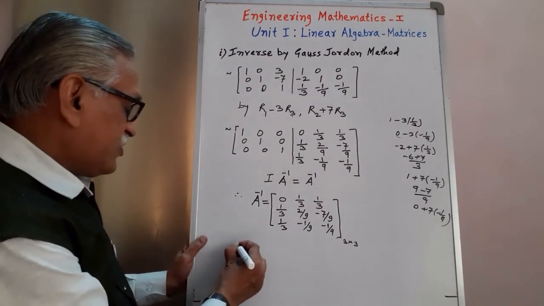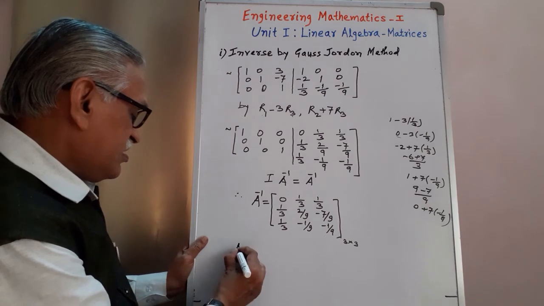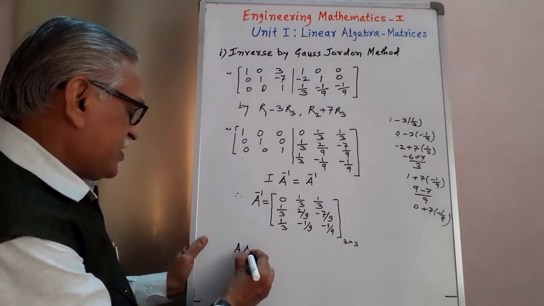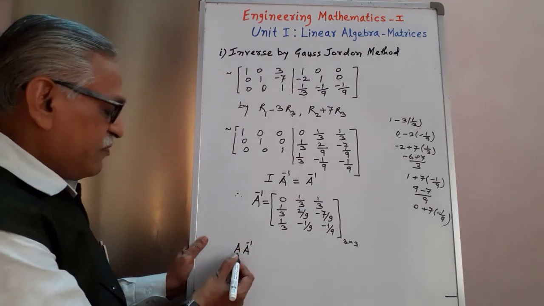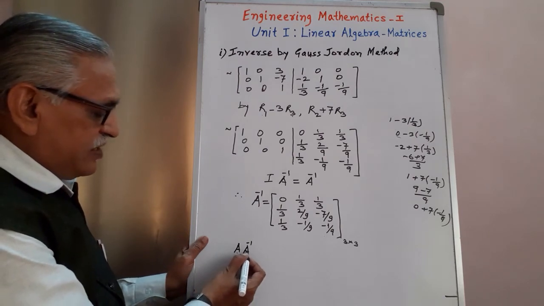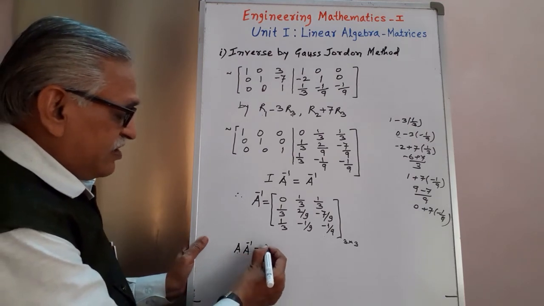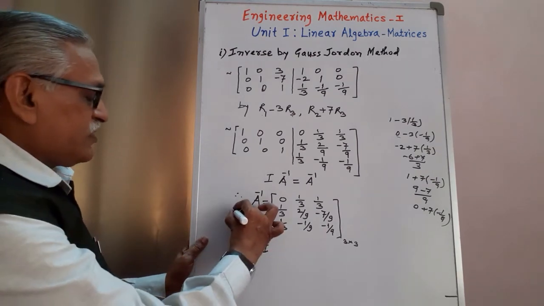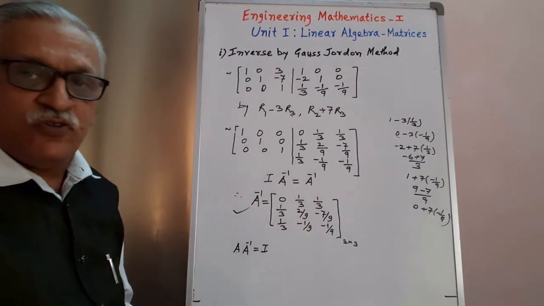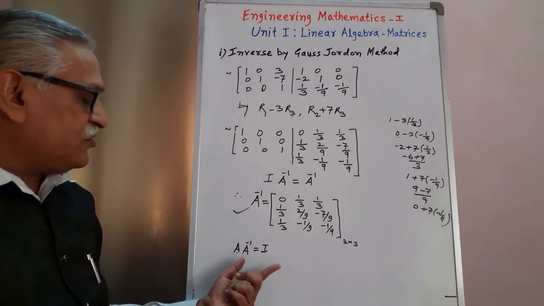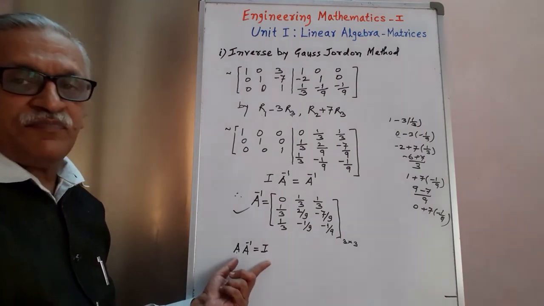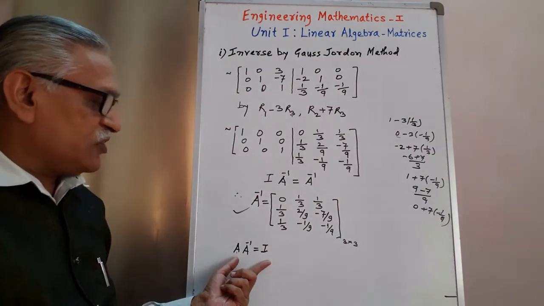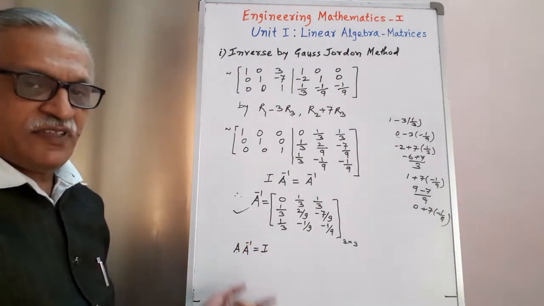Once again, you can cross check this property. If you multiply that matrix A by the inverse matrix, and if we get that product as the identity matrix, it means whatever answer you obtained is the correct one. Therefore, perform this step in your notebook, cross check it.